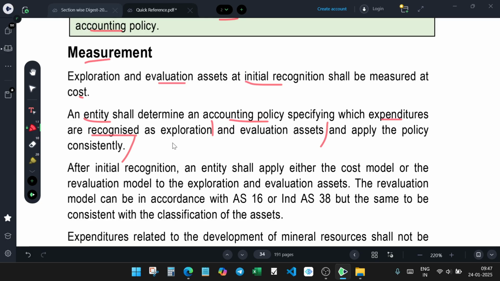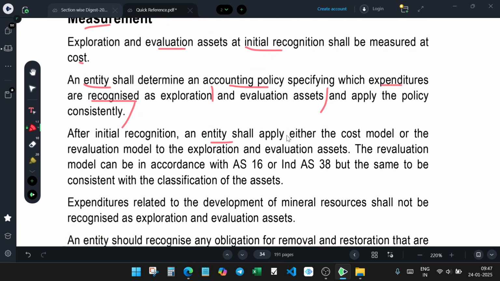Very good. After initial recognition, the entity shall apply either the cost model or the revaluation model to the exploration and evaluation asset. So we are going to have it in the entity as an asset. We can put the total amount of cost we incurred in finding it into the asset, or we can have a revaluation model based upon the exploration.